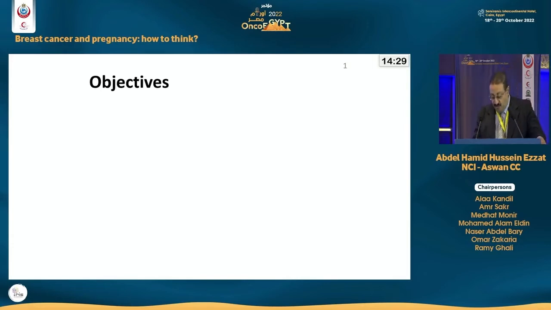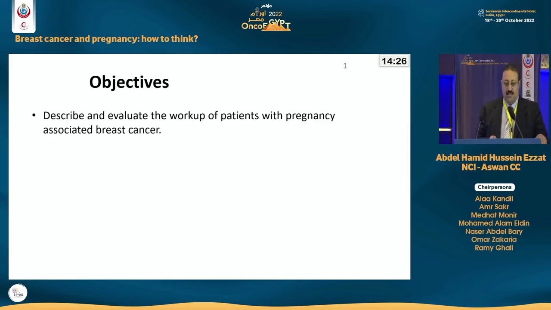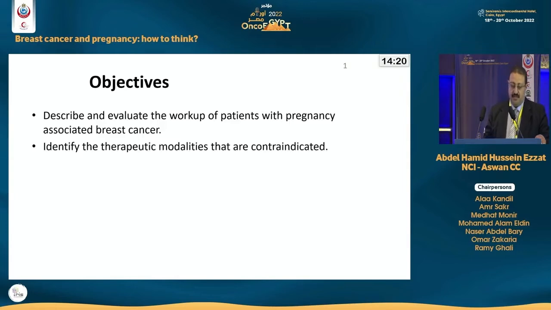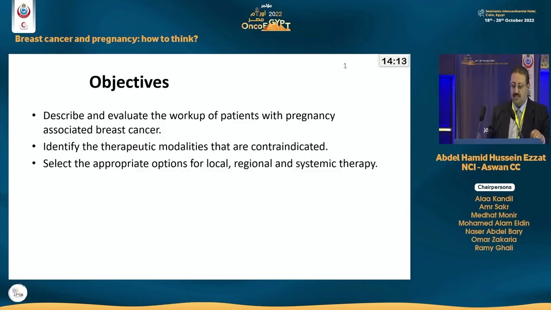My objective is to describe and evaluate the workup of patients with pregnancy-associated breast cancer. Second, identify the therapeutic modalities that are contraindicated and select the appropriate options for local, regional, and systemic therapy.